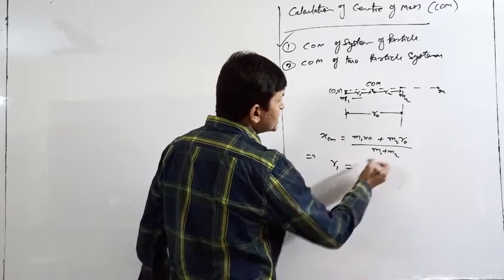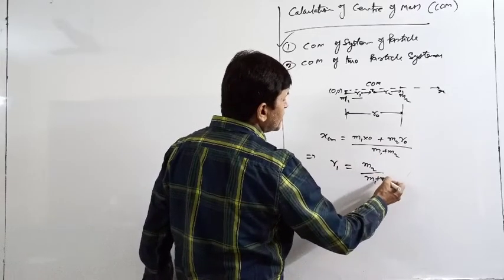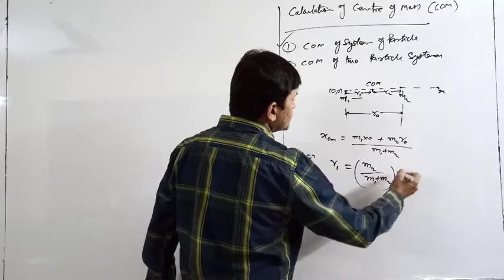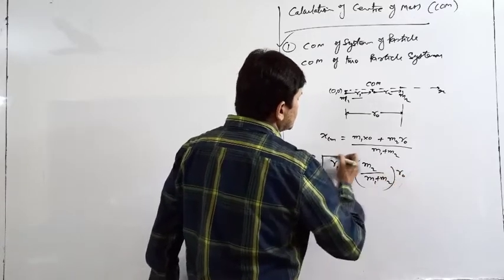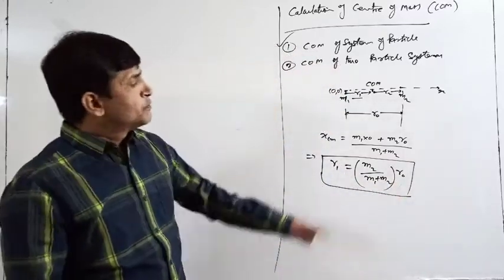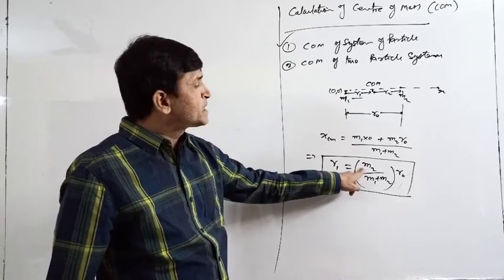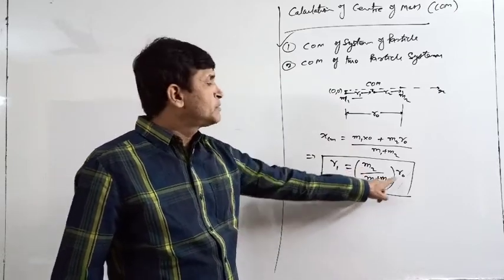So R1 is equal to M2 by M1 plus M2 into R0. It means the position of center of mass from mass M1 will be at a distance M2 by M1 plus M2 into R0.